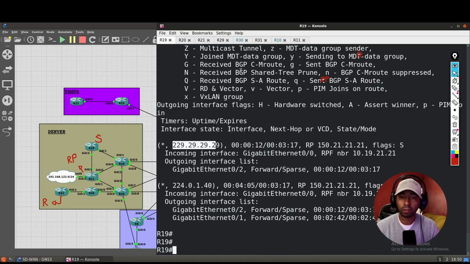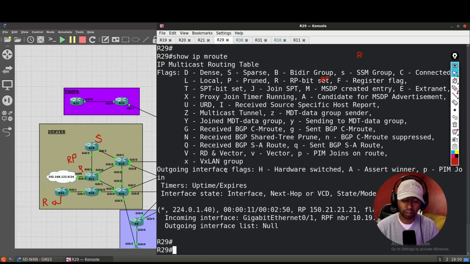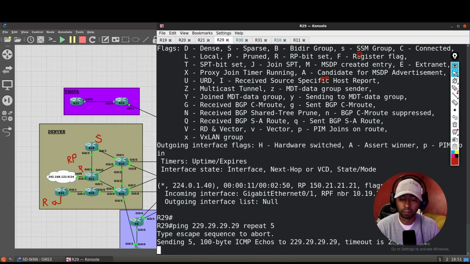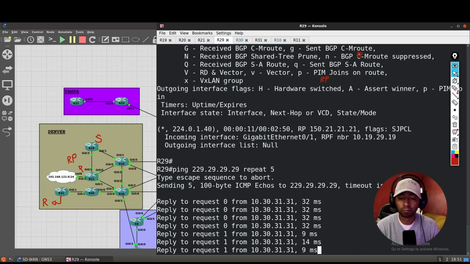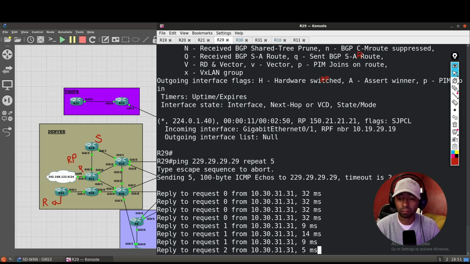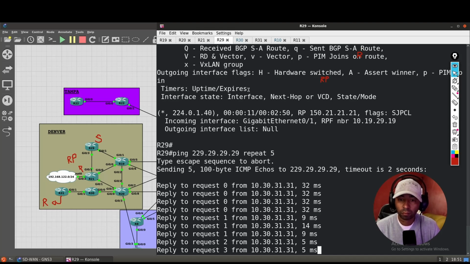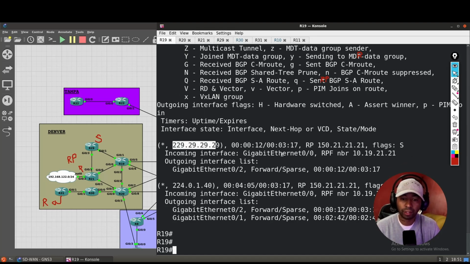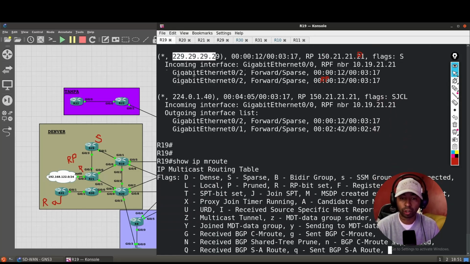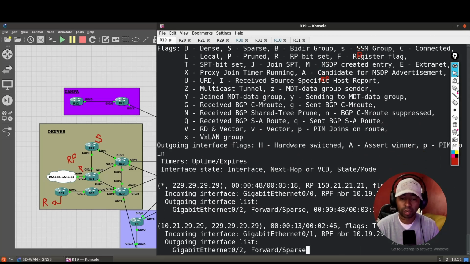So let's try to go on the 29 and ping 229.29.29.29, repeat 5. Alright, I got this, some multicast connection. So let's go back here, for example on the router 19, and see if I have the *,G for the receiver.